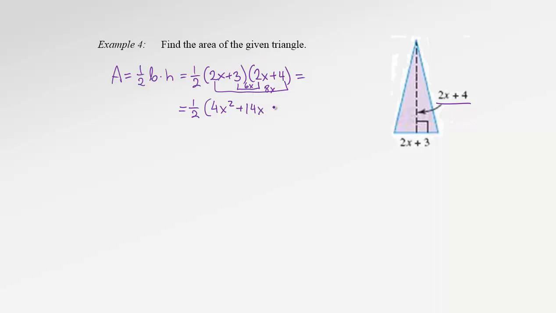Finally, the product of the last terms is 12. Is there anything else that we can do? Well, we can multiply by 1/2, and this is actually useful because all coefficients are divisible by 2, so the final answer will be a lot nicer. That will be the expression that represents the area of this triangle.